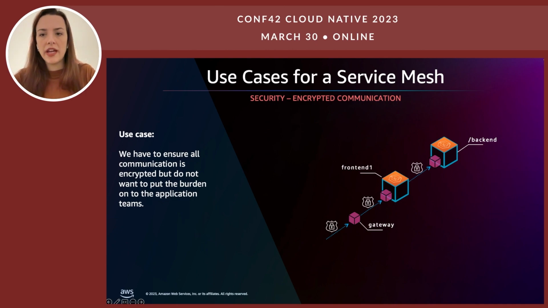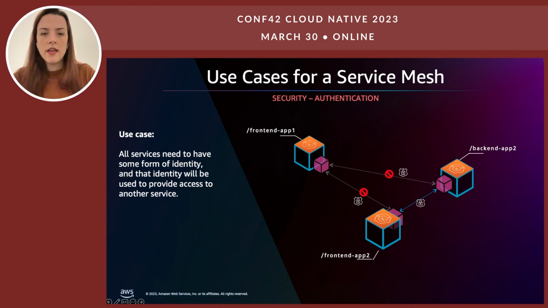This can also integrate with third-party services to generate and renew certificates. Not only TLS, but we can also enforce service-to-service authentication with mutual TLS.